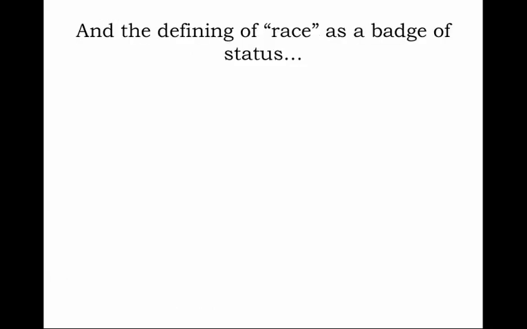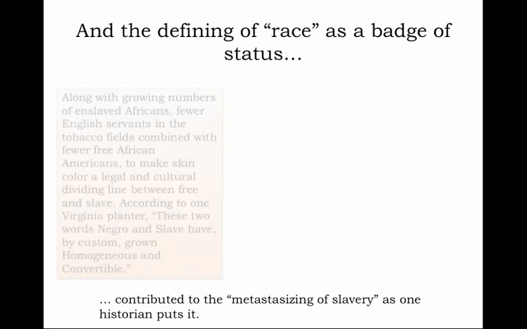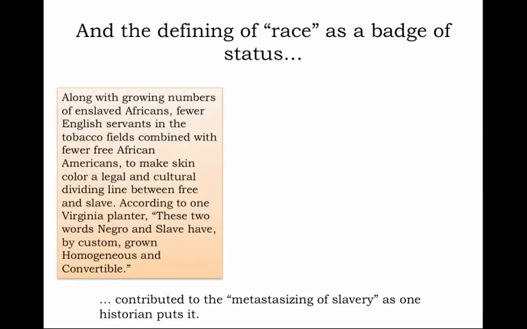And the defining of race now, that is color, as a badge of status was almost unavoidable. It contributed, as one historian said, to the metastasizing of slavery. In other words, the influence of slavery will now spread beyond the slave quarters, beyond the plantations, across colonial society to affect even the thoughts of whites.